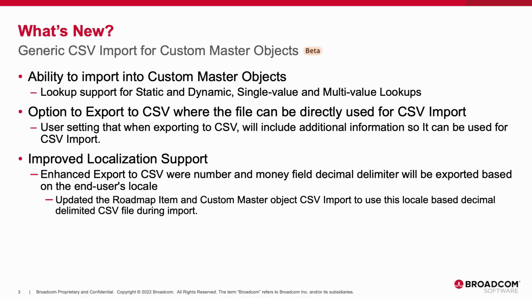With that, we took the ability to not only import for custom master objects, but we added support for static and dynamic lookups, both single value and multi-value lookups. We added an option to the CSV export in which the file can be directly imported into Clarity. And we have a user setting to define that, and we'll cover that shortly.